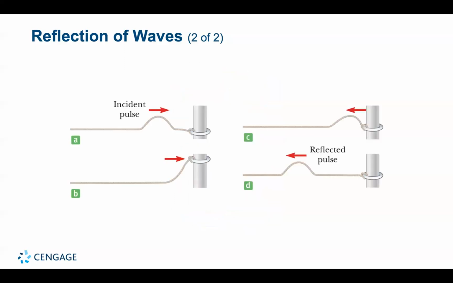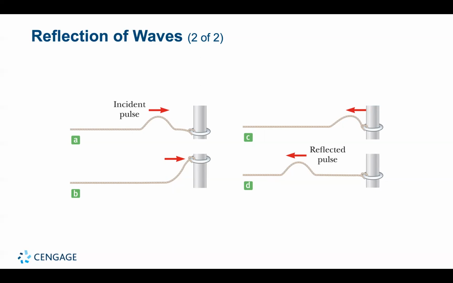So we're seeing here in the figure the reflection of a traveling wave at the free end of a string. In this case, the reflected pulse is not inverted. And so if we imagine a pulse arriving at a string's end, and the end is attached to a ring of negligible mass that is free to slide along the post without friction, as shown in the figure, again, the pulse is reflected, but this time it is not inverted.